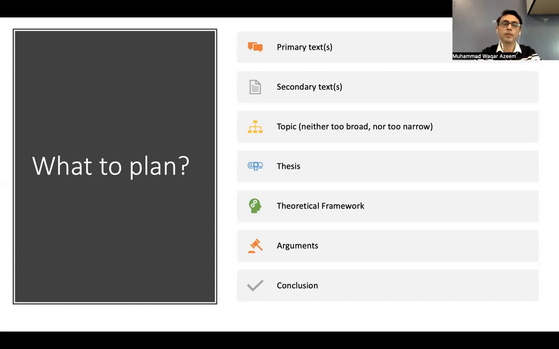For example, are these critical articles written by other writers on the primary text that you are dealing with? Or are your secondary texts any newspaper archives? Or are your secondary texts any talks on YouTube, any lectures on YouTube, and so on and so forth.